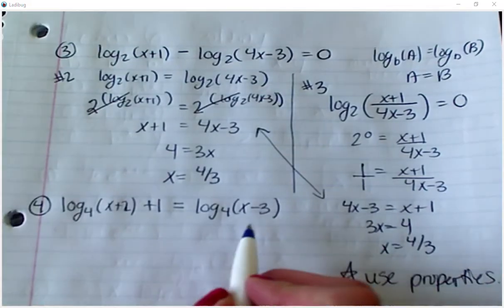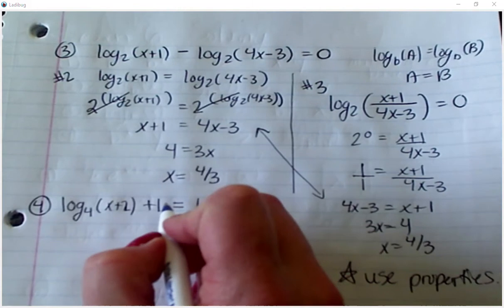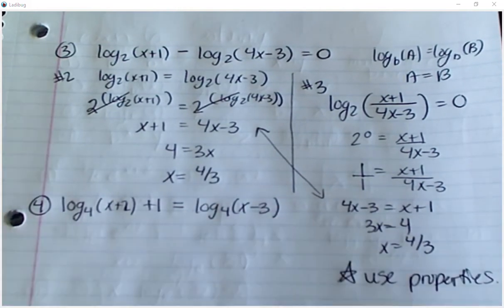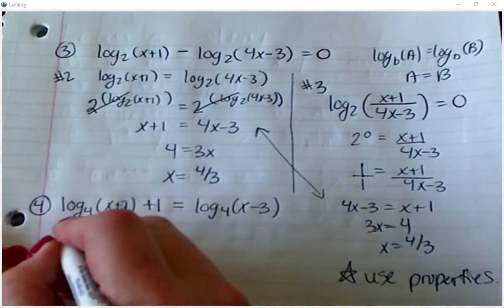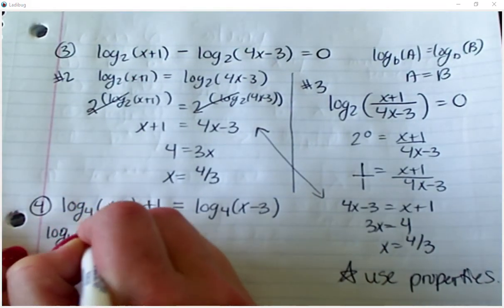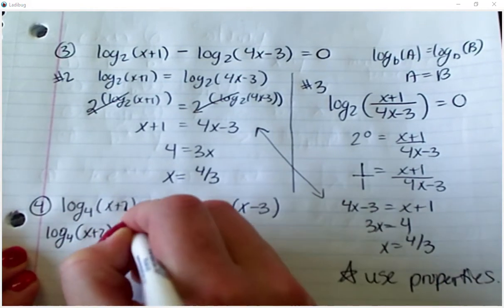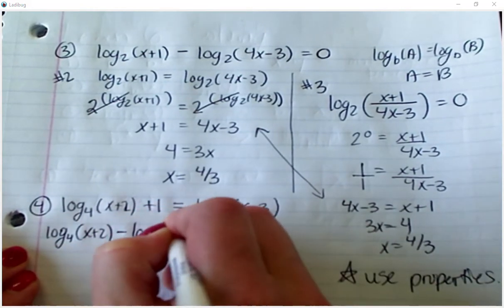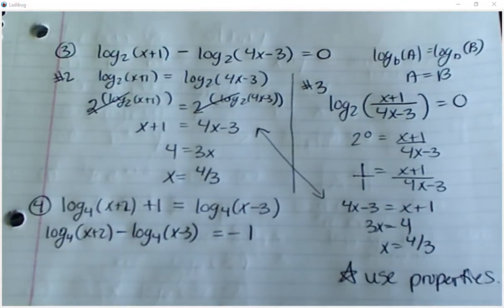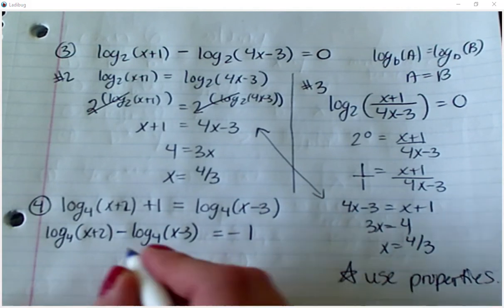The first thing I notice is that I could probably put the logs on one side and combine them, and then put the number on the other. So, log base 4, x plus 2, minus this log over, and then put the number. All right, so I'm aiming for setup number 3, which is a log equal to a number.